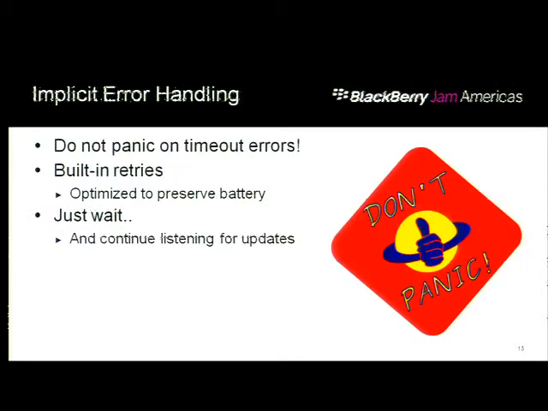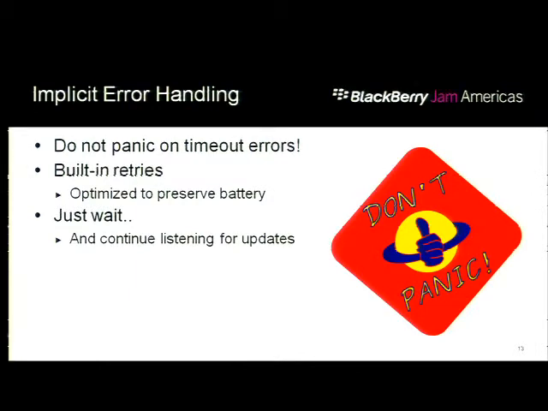Now here's the interesting part. I'm sure a lot of you who come from the BlackBerry Java platform will appreciate this. I like to call it implicit error handling. So the location manager, when it receives an error while computing a fix, does not just give up. And in fact, it never gives up until you tell it to stop.